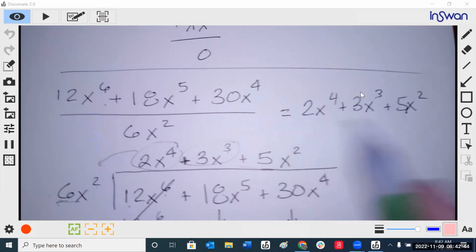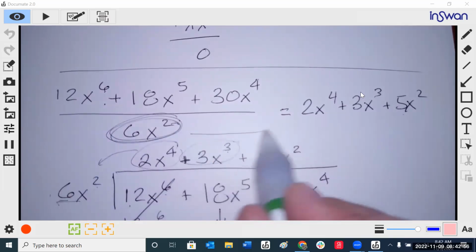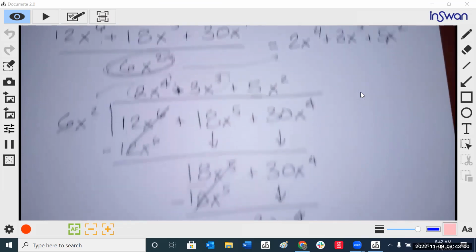So how do we check this answer? By what? Yeah, take this number, multiply it to that. See if it equals that. So let's check that.